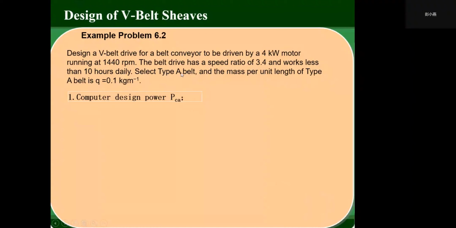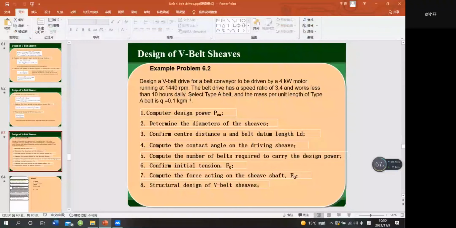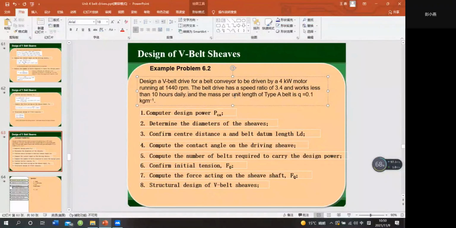No, not select type A, not select type A.